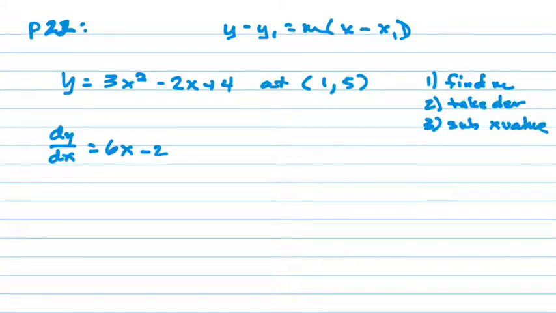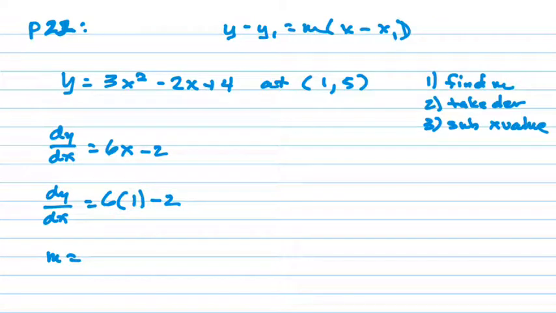Substitute the x value. So we get dy dx equals 6 times our x value, which is 1, minus 2. Which gives us a slope of 4. Nothing new there. That's exactly what we did back before we went on vacation.